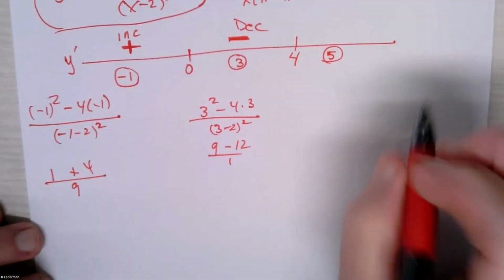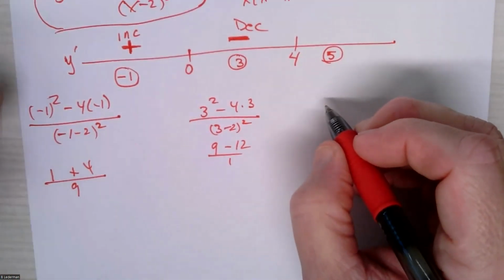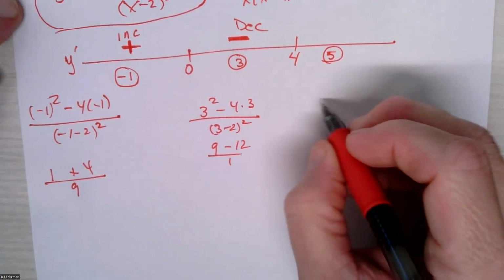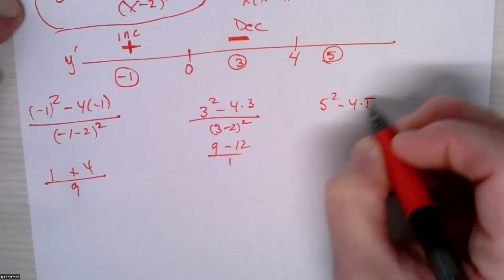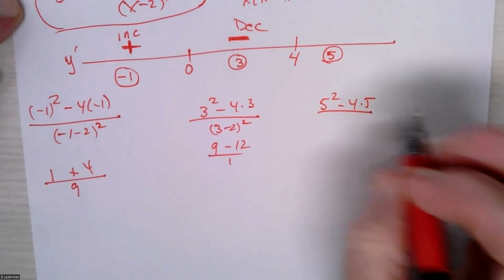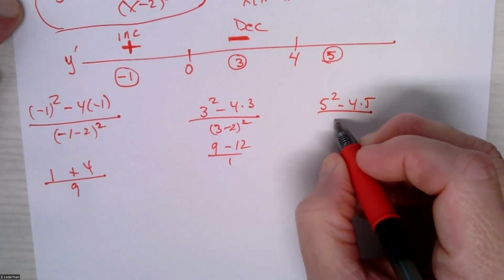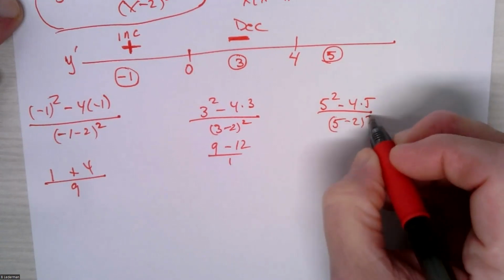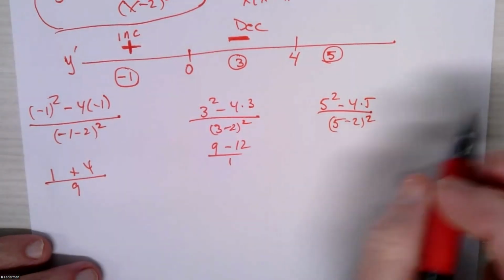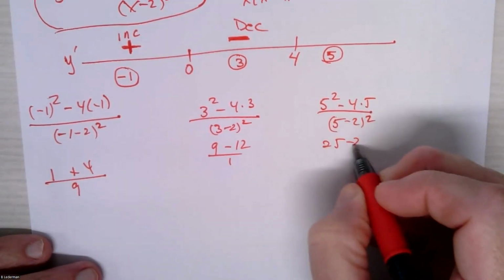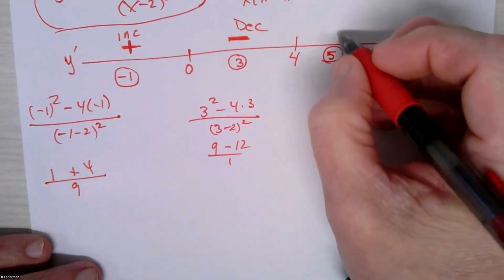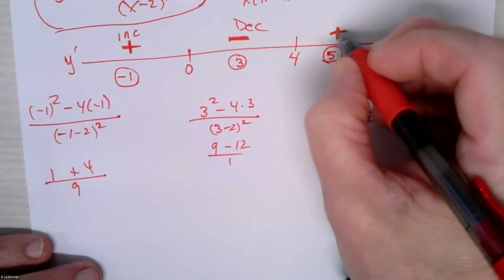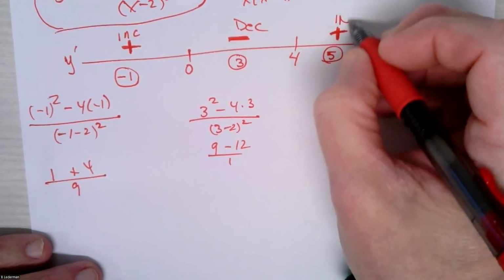And we'll plug in x equals 5. So we get 5 squared minus 4 times 5 over 5 minus 2 squared. This is 25 minus 20 over 9, and that is positive. So it's increasing.